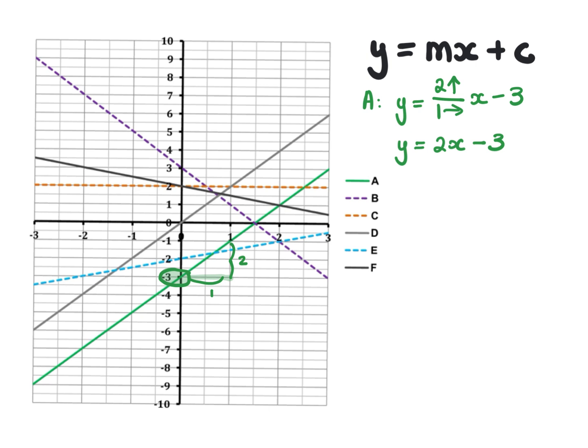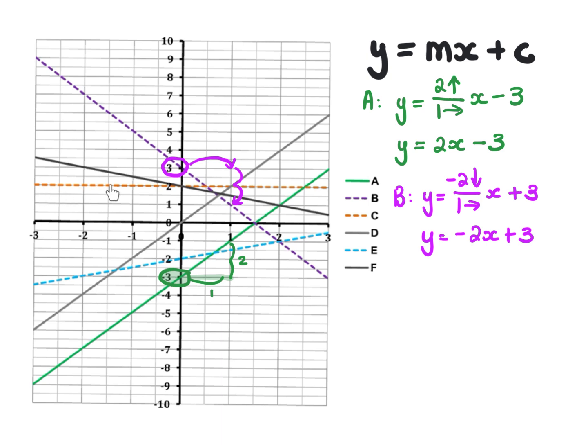Let's see if we can do the same thing for B. In B, I see that my y-intercept is positive 3. For every 1 across, it goes 2 down, which means that my gradient is going to be 1 across, 2 down, so it's negative 2x plus 3.